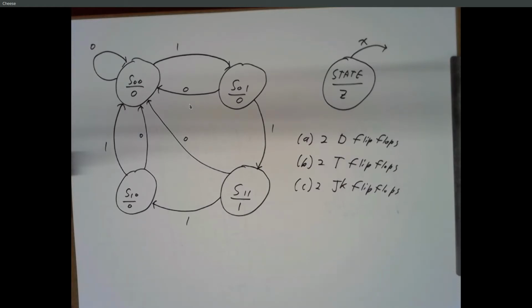Before you go on, double check those 2. S01 goes to S11, and then S10 goes to S00. Yeah, good. When it's a 1, it goes to S11, and then S10 goes to S00.